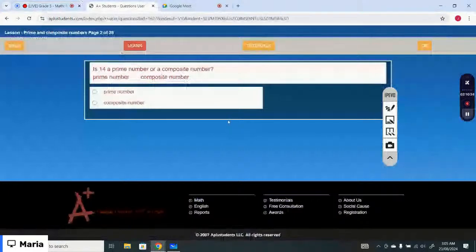Is 14 a prime number or a composite number? So which is the correct option?